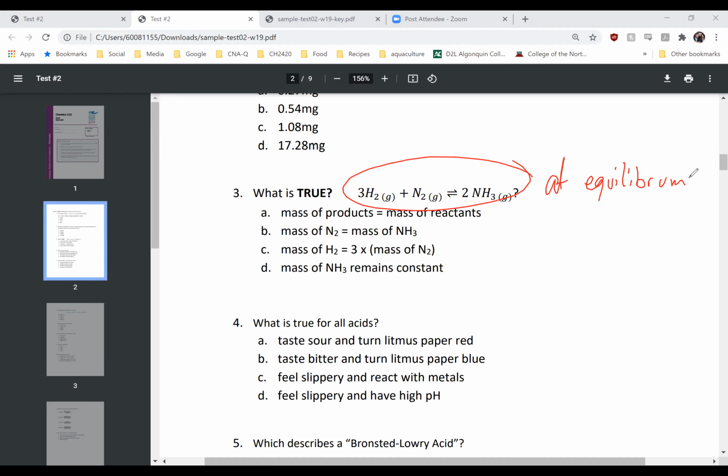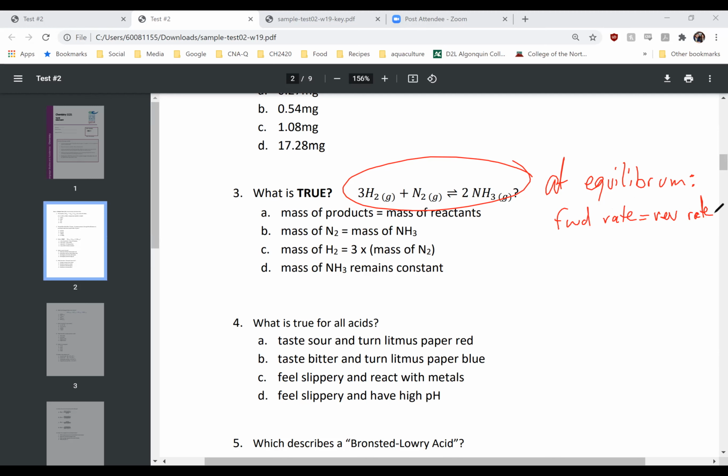This is not a Le Chatelier's principle question. One really important thing to know is that at equilibrium, the forward and reverse rates are the same. That's not part of your question here. A, B, C, and D aren't mentioning rates, but when a chemical is at equilibrium, you can think of it as being stable. The forward rate equals the reverse rate.